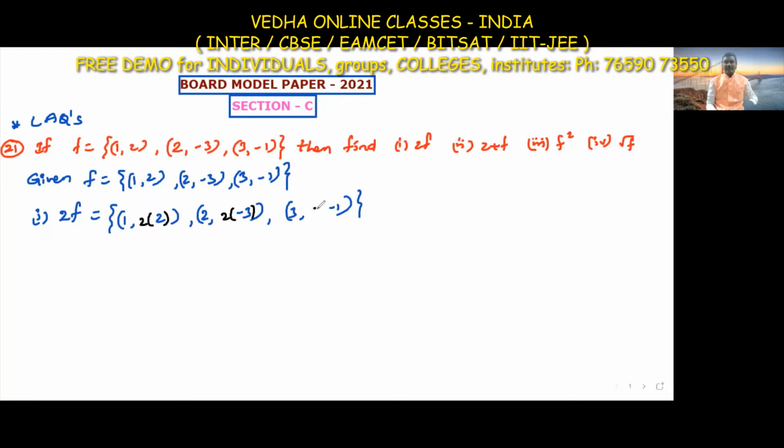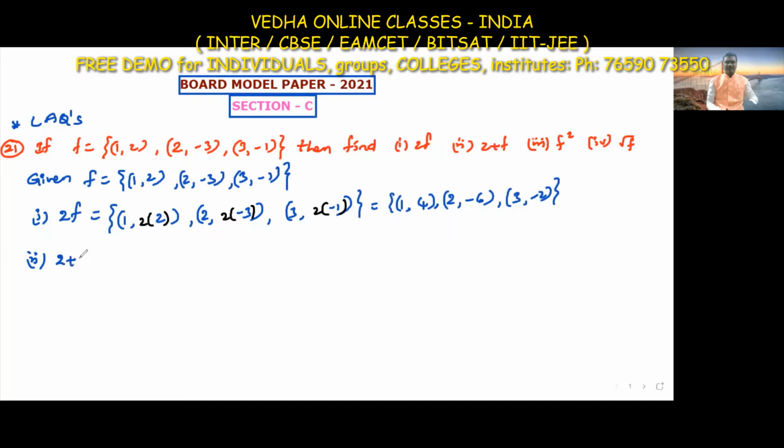We are multiplying the range value. Now simplify: that equals (1, 4), (2, -6) and (3, -2). First one is done. Next, the second one.